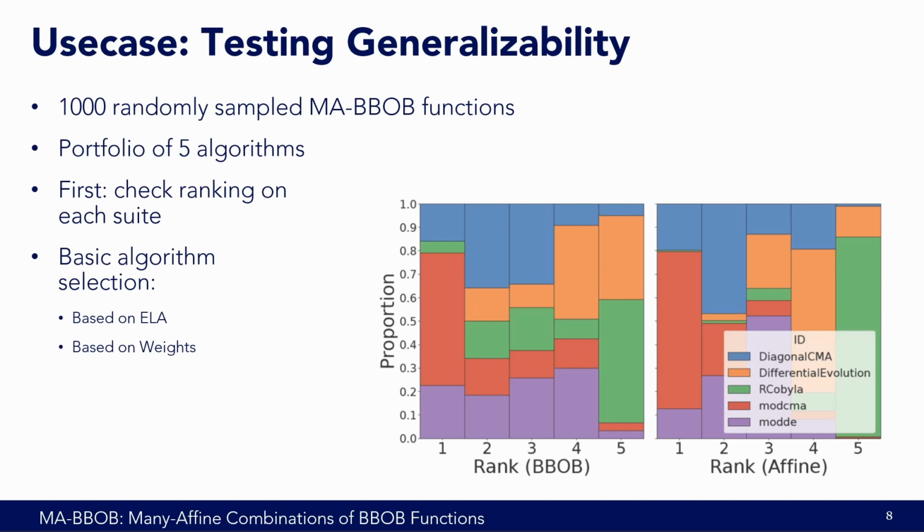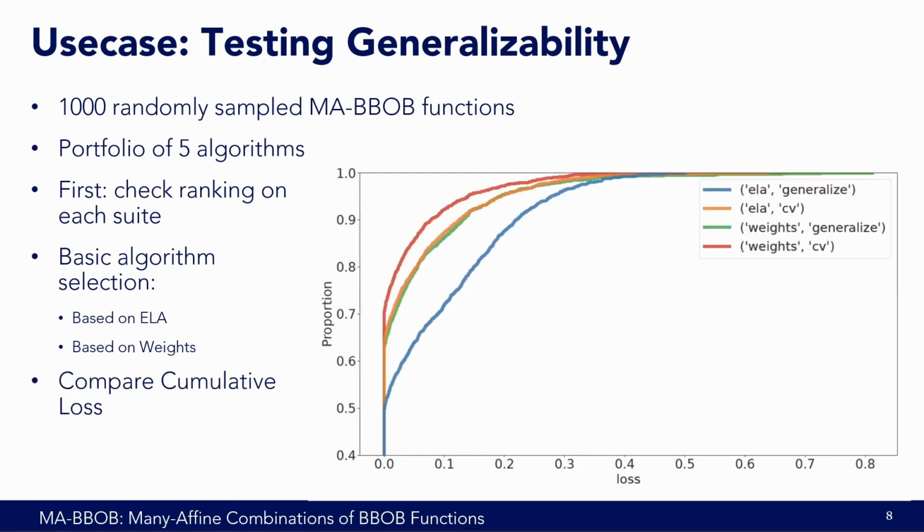And as a comparison, we also make the same algorithm selection based on the used weights, because we inherently have a new representation of our functions, which is just the vector of weights that each function is using. So this gives us 2 different representations, so we can compare how they work by looking at the cumulative loss.